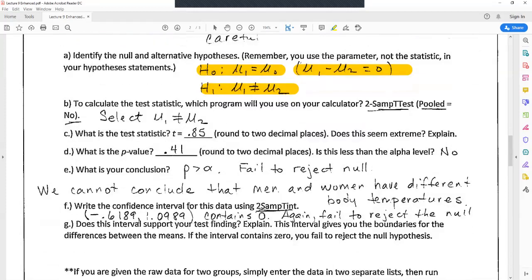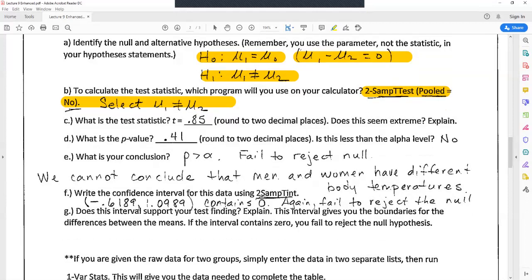And like before, we will run the two-sample t-test. We will make the pooled no. Make sure we select mu1 is not equal to mu2. Once we run it, we get a t-value of 0.85. And 0.85 does not seem extreme. It's still less than 1 standard deviation from the mean.